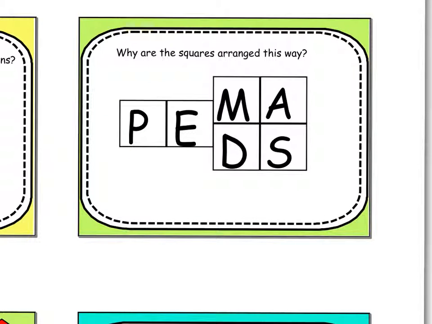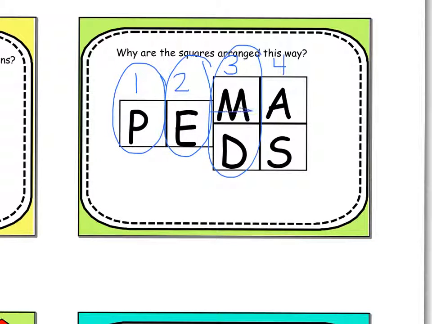I prefer this model because this model makes it seem like we have 1, 2, 3, 4 steps. So we have parentheses first, then we have exponents, then we have multiplication and division in order at the same time from left to right, and same goes with addition and subtraction.